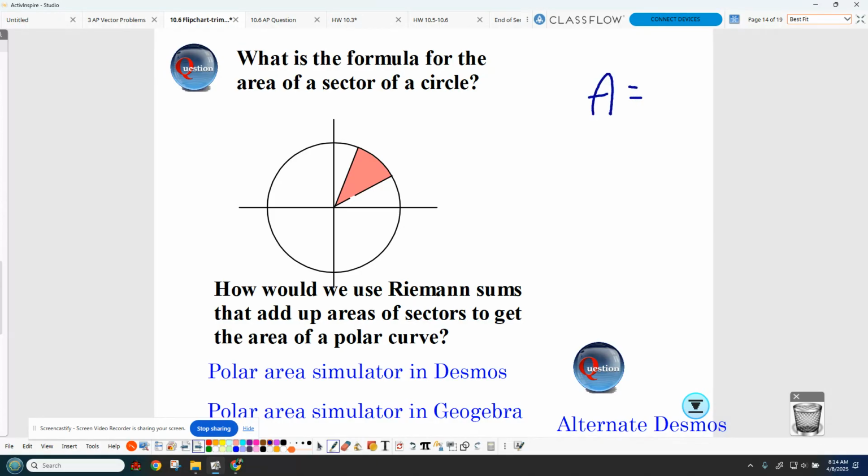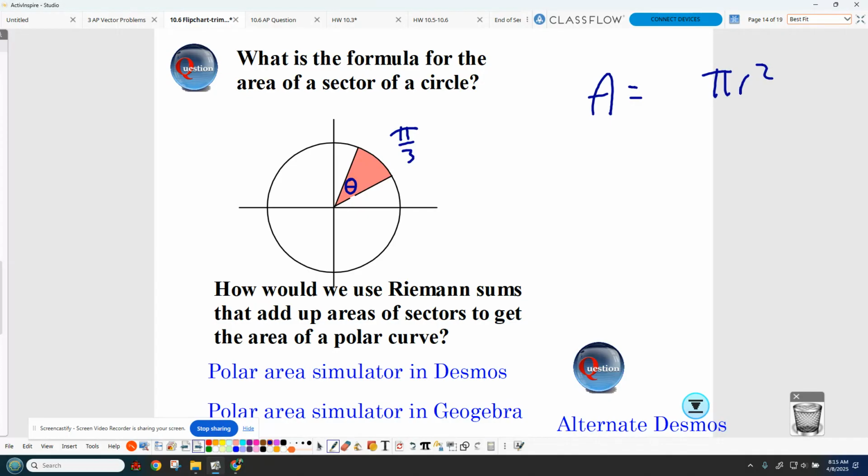Well, George, what's the area of a circle equation? Pi r squared. What if I only want a little slice? How do I find, like, if theta was a pi over 3 slice, how would I find it?